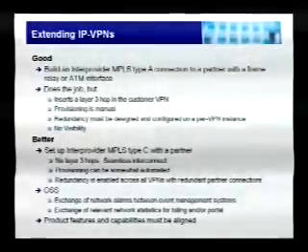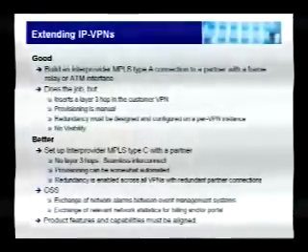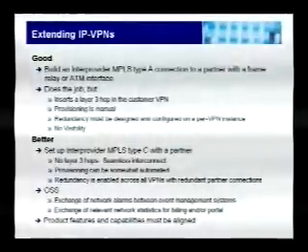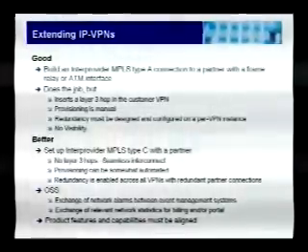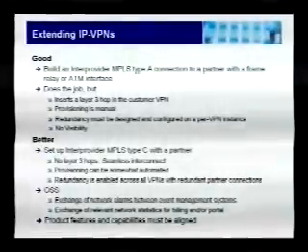It inserts a layer 3 hop in the customer VPN, which they can see so they can tell they're going across an NNI. The provisioning is manual, so somebody has to go in and configure the customer connection specifically. Also, redundancy has to be designed and configured on a per VPN basis.